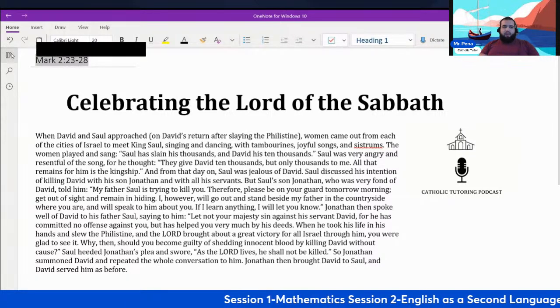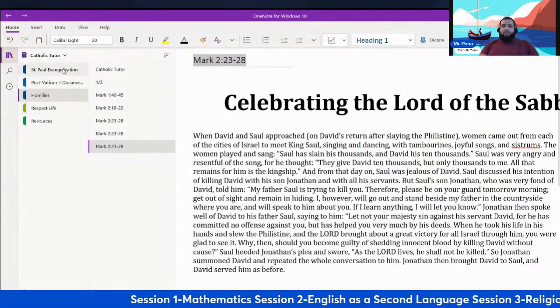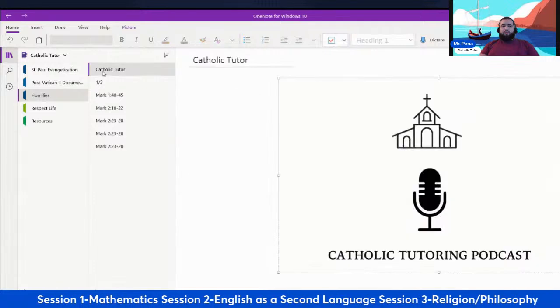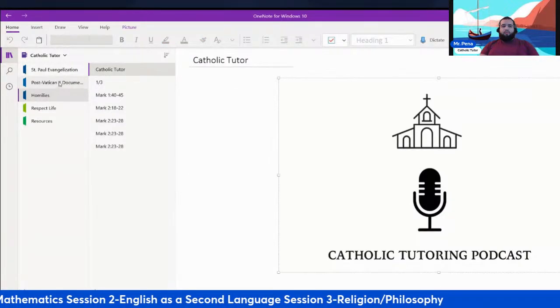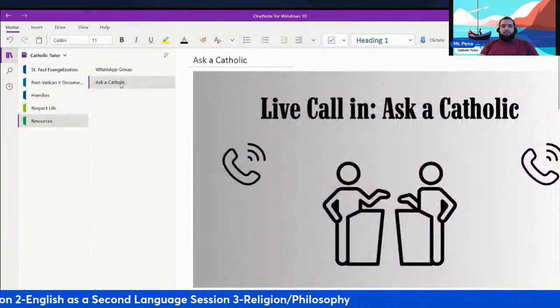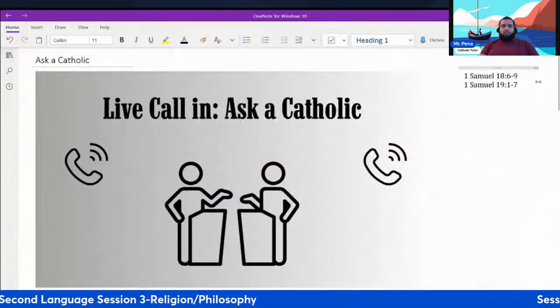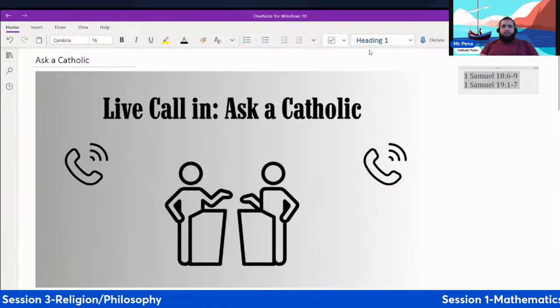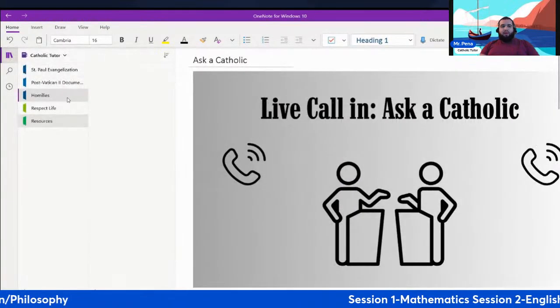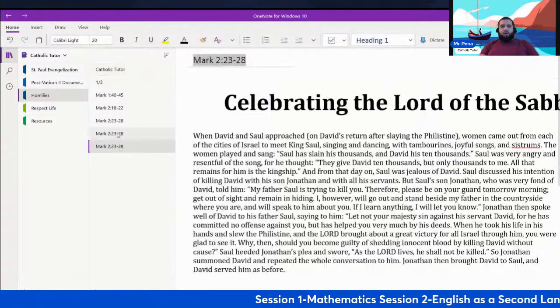By the way, remember, this is 1 Samuel 18:6. I'm almost ready for the homily.